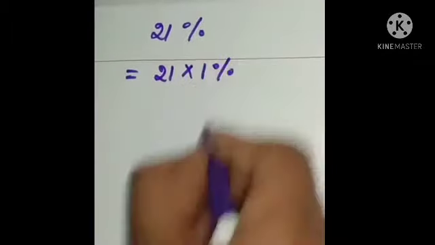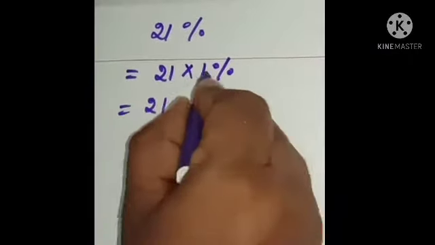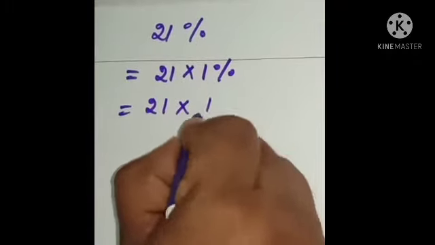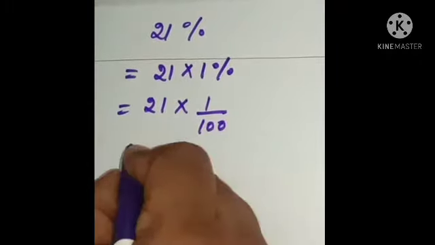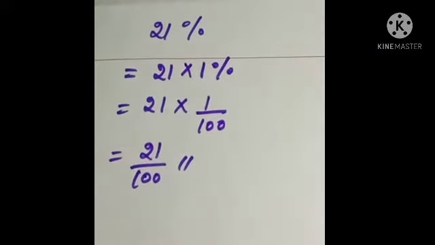So 1 percentage, we can write like this, isn't it? And 21 into 1 is 21. 21 into 1 percentage is 1 by 100. Thus, 21 by 100 is the fraction form of the given percentage.